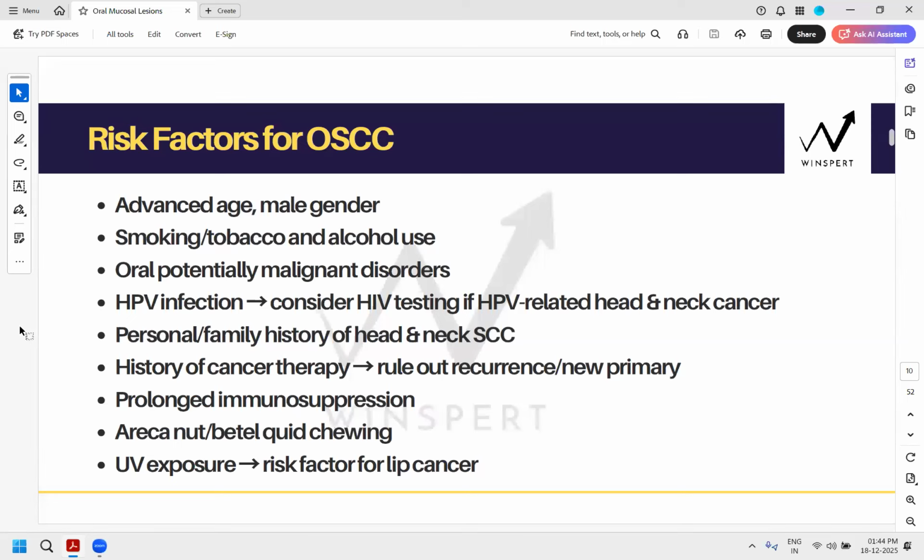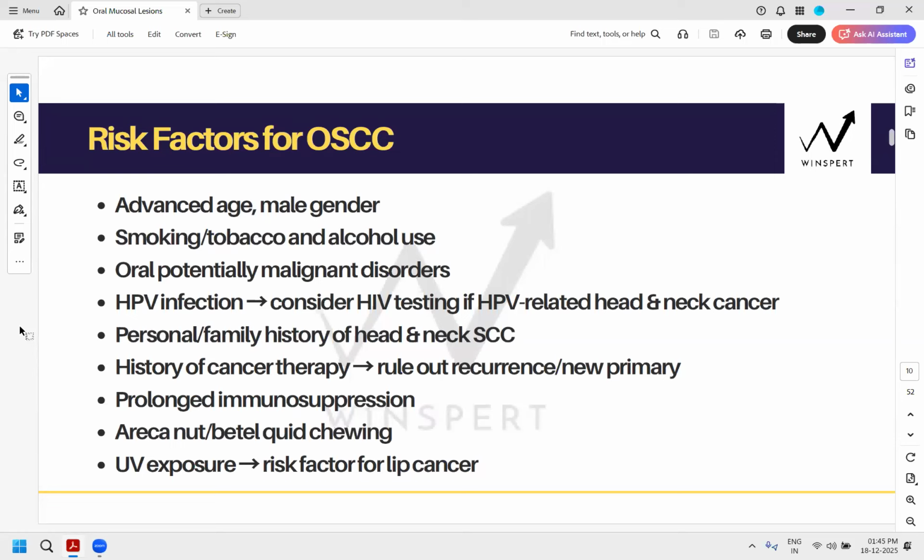Your diagnosis could be leukoplakia, so that is also one of the risk factors. HPV infection. If it looks like your HPV infection, that is also related to your cancer. It is different than your behavioral or epidemiological risk factors of HIV, right?